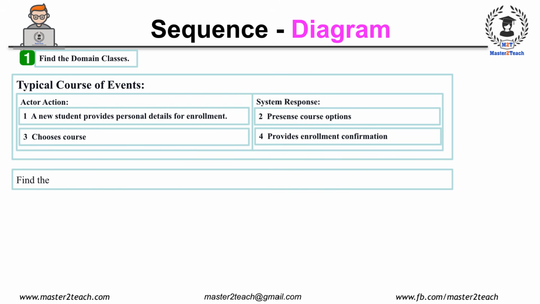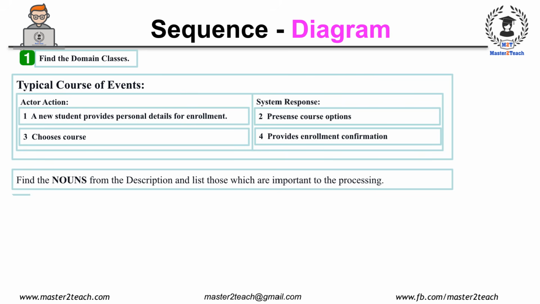Now, first of all, find the nouns from the description and list those which are important to the processing. If the system has to process data about a type of person or an object, then this is probably a relevant class of objects, like student data that needs to be stored, course options that should be provided, and chosen course data that needs to be processed.